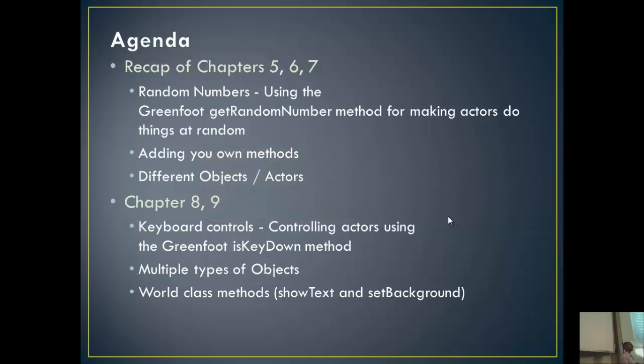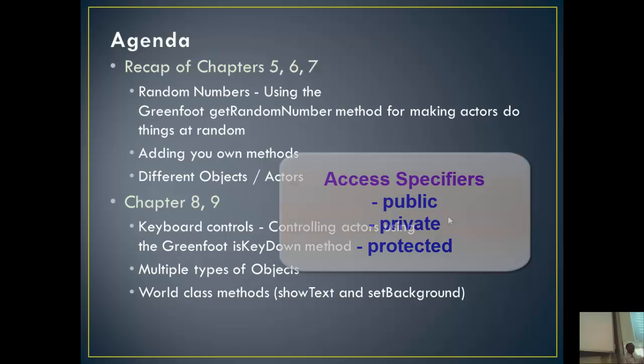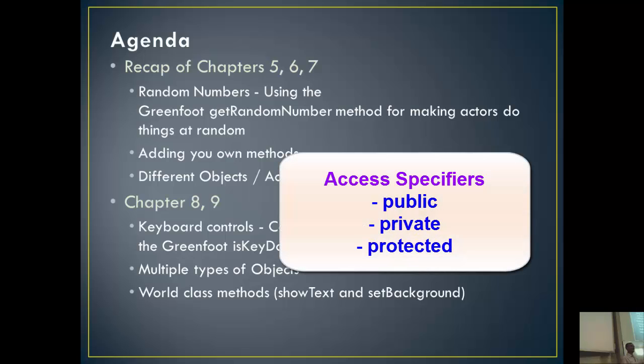Private means it is private to the class where it is defined, and then there's the other one, protected, that you should learn in the other subject area. So it specifies in which way you can access an object's method: either public, private, or protected.